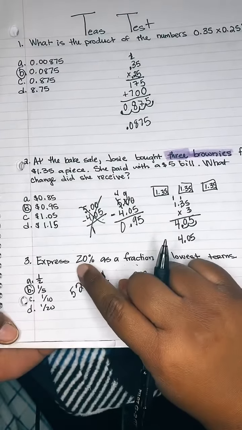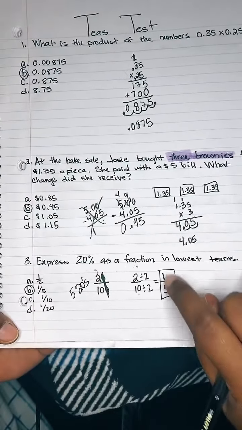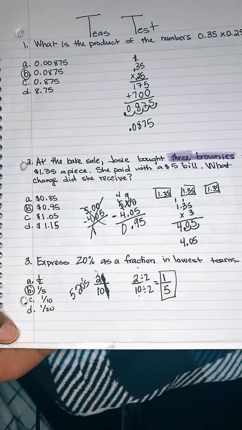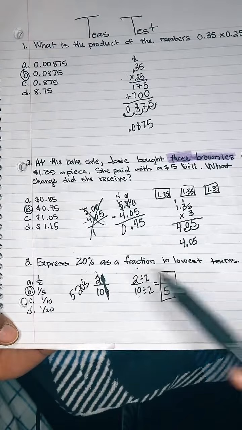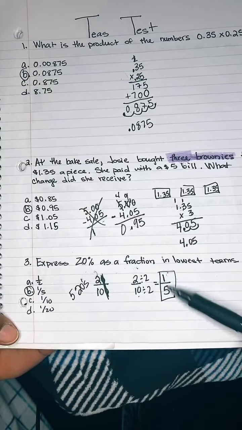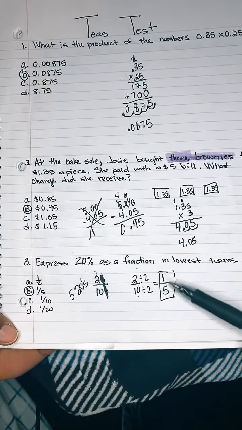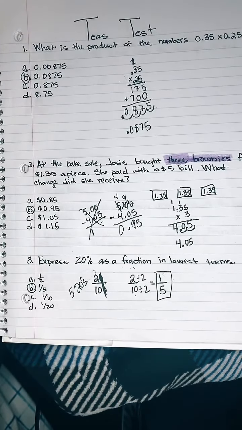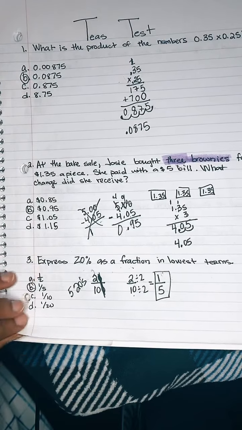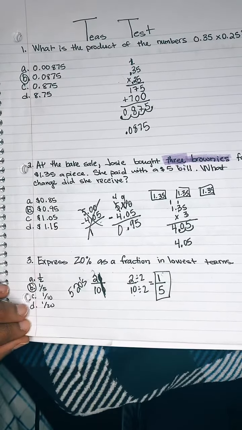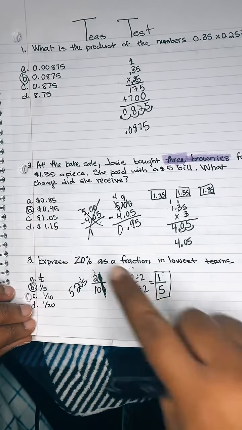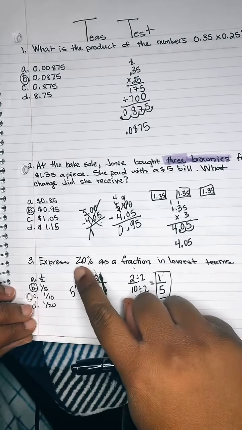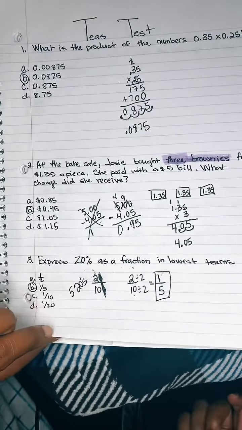So 20 is 1 out of those 5 that it takes to get to 100. So 20% is always 1/5. Thank Nay for the rose. I don't know if that makes sense to you guys, but if you think about money, 20s, this can really change how you look at percentages.